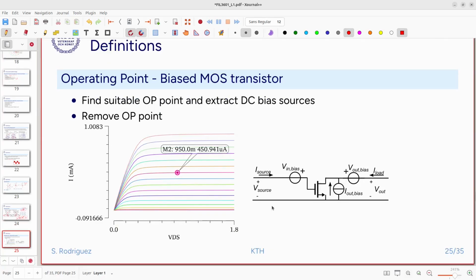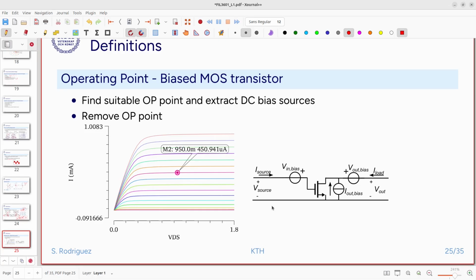Okay, operating point. The operating point is just to find a point in the output curves of the transistor in which we are going to work, and we will see modeling in the next lecture, exactly how to model the transistor.